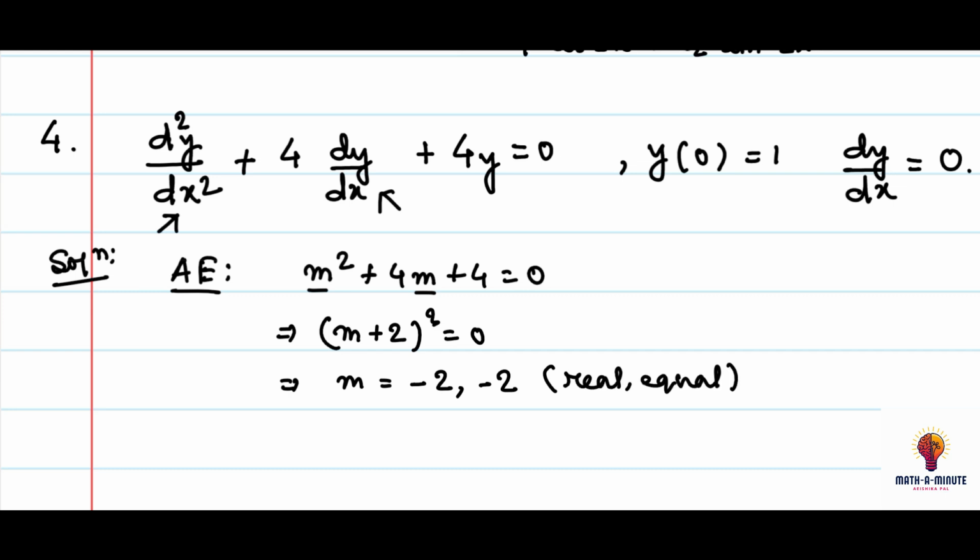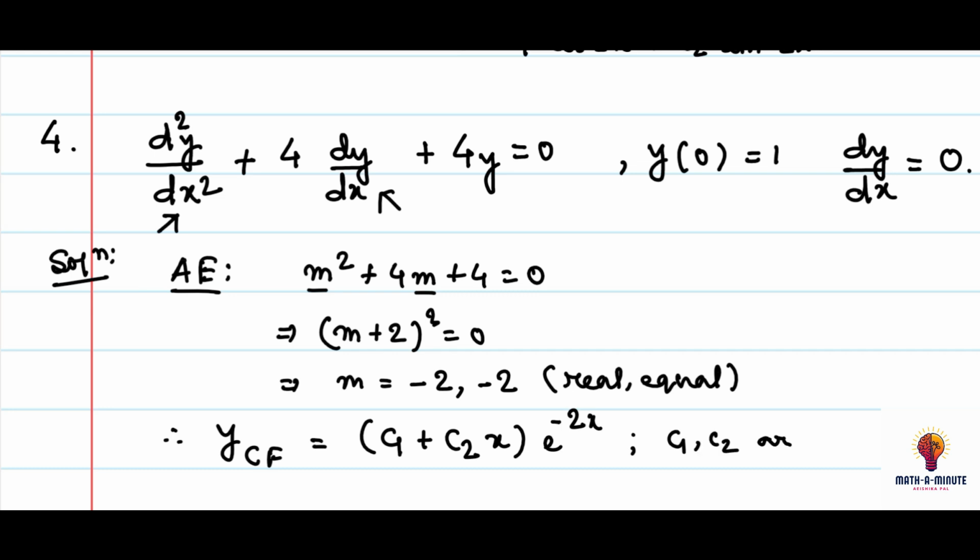So we know how to calculate the complementary function. The complementary function will be c1 plus c2x into e to the power -2x. And here you have to write that c1, c2 are arbitrary constants.